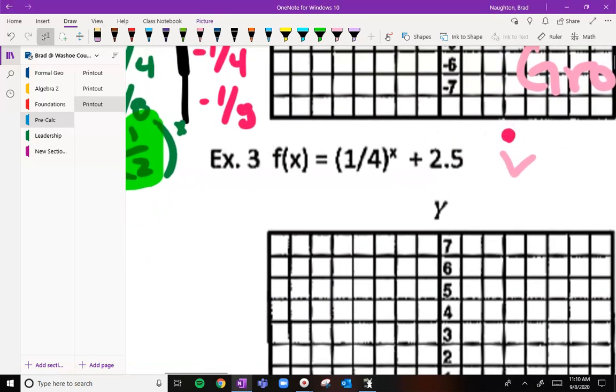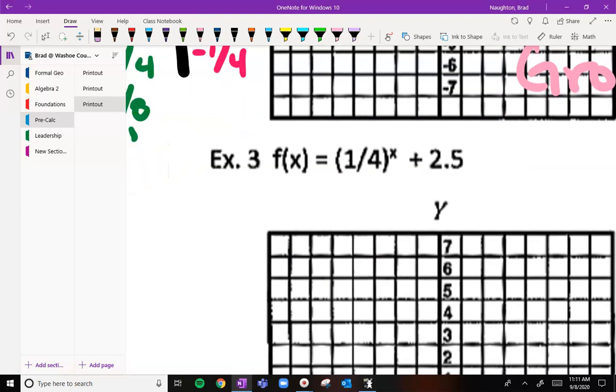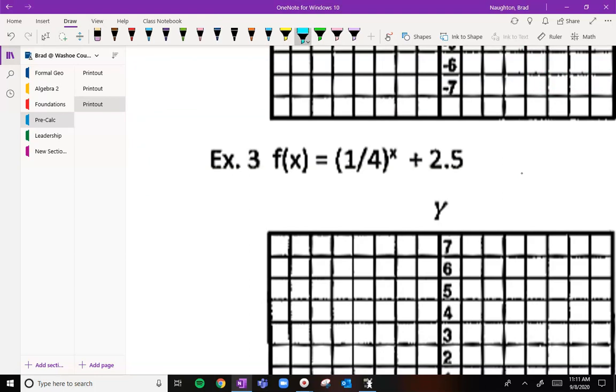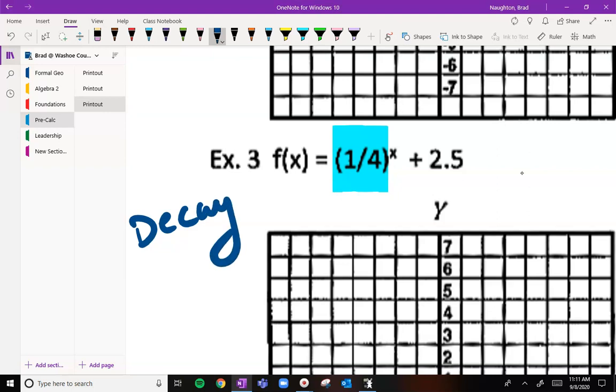Alrighty. So let's investigate this straight up because we only have one example here. How would we do this one? The first thing I would recommend is to look at your b value. That is in between 0 and 1, so I know that this is decay. You good with that?